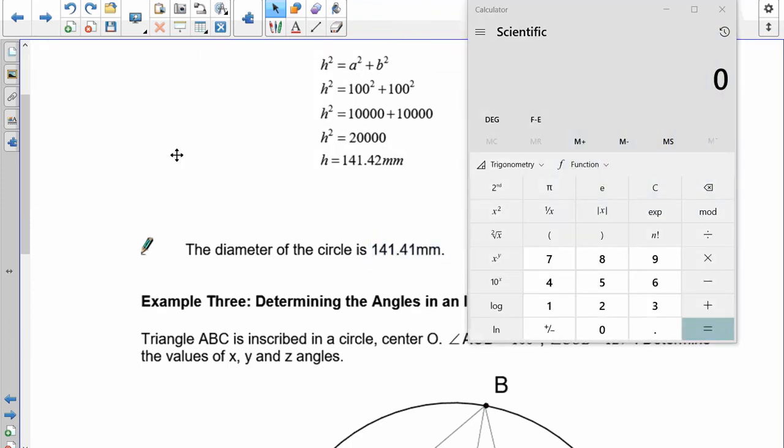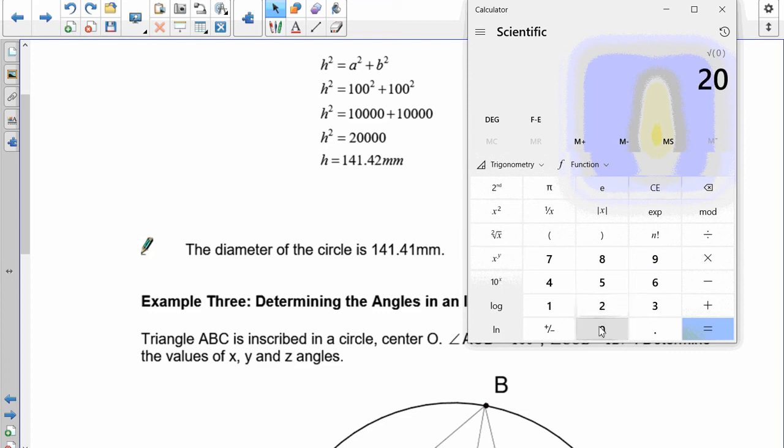Okay, so I popped up my scientific calculator here, and I need 141.41 divided by 2. But remember what I told you before, that you don't use the rounded off information. So what I'm going to do first is I'm going to find the square root of 20,000 first. Right, and here's my square root right here. So if I click the square root of 20,000, I will get 141.422, whatever.